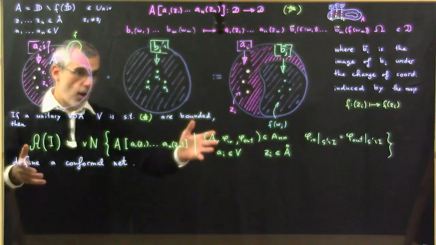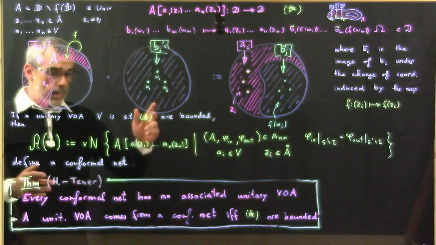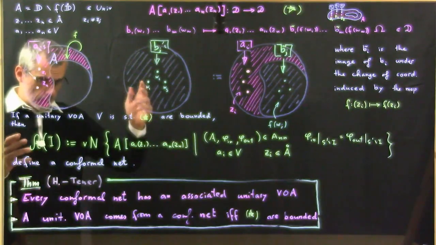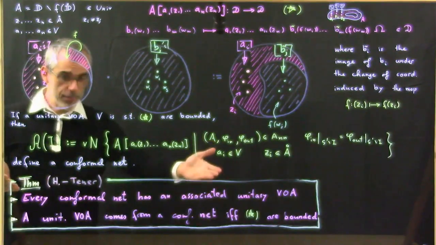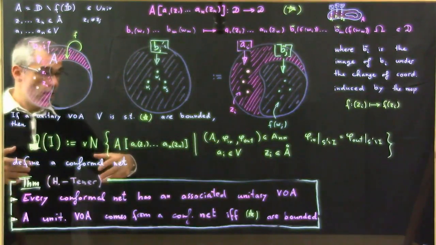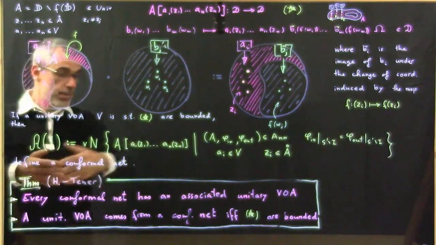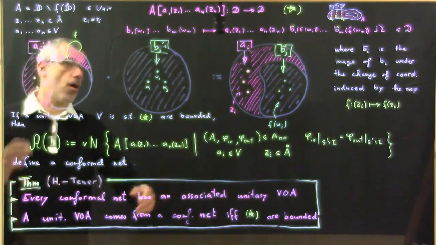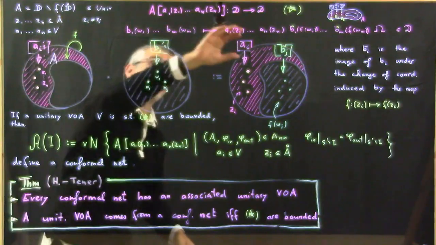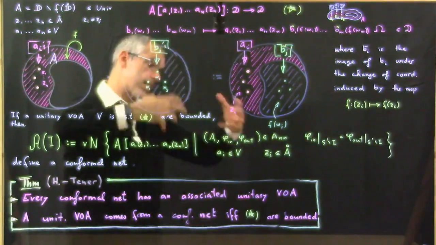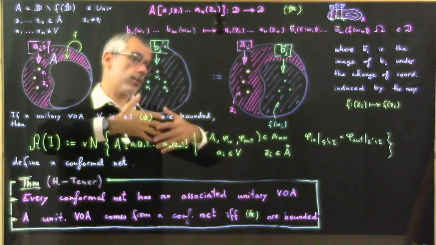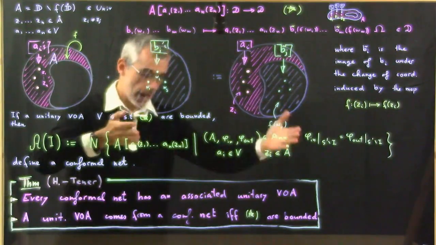And a theorem of myself and James Taylor says that, first of all, every conformal net has an associated unitary VOA, and then characterizes those VOAs in the image of that map as exactly being those where these operators, which are defined from D to D, in fact extend by continuity to bounded linear maps from H to H.